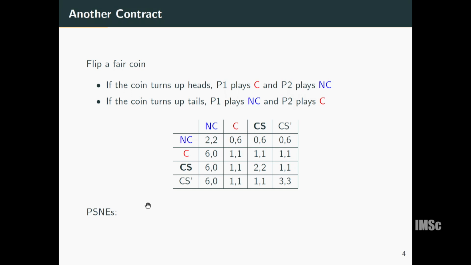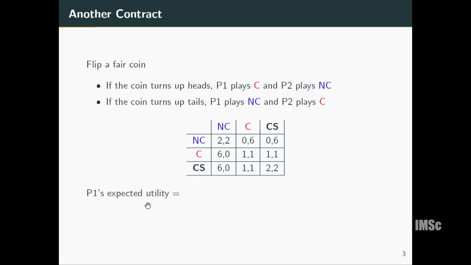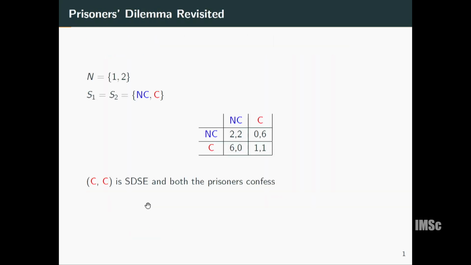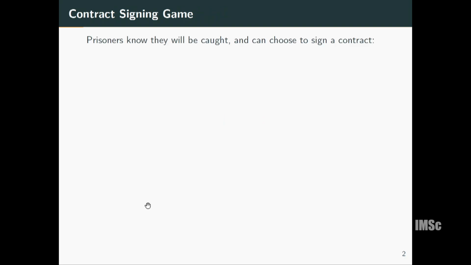We came very late. Yeah, so okay, let me just quickly recap. We started with the prisoner's dilemma game. We basically had C comma C as the PSNE. We were trying to see if we can make prisoners switch from C comma C to NC comma NC. Then we said to imagine there is a contract.